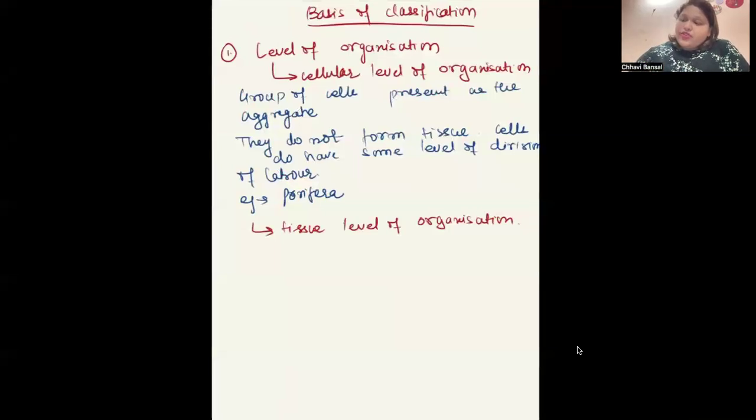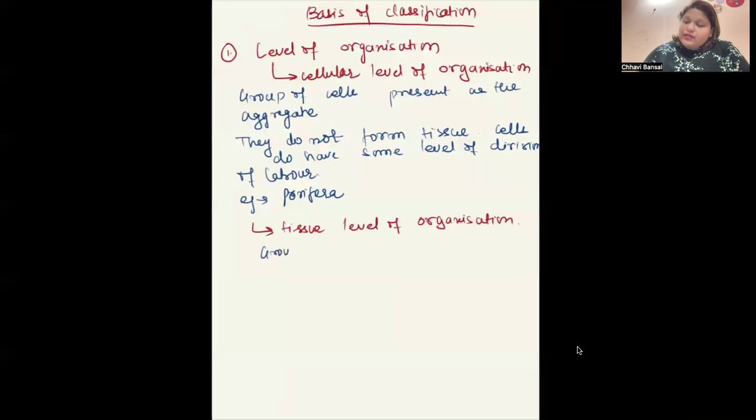Tissue level of organization. Now, the cells have formed tissue. Okay. The cells are performing the same function in a group, right? And they have arranged themselves as a tissue. They are called tissue level of organization.